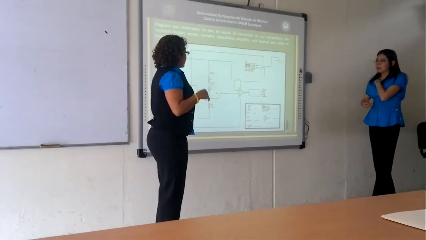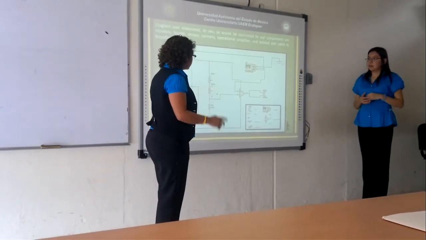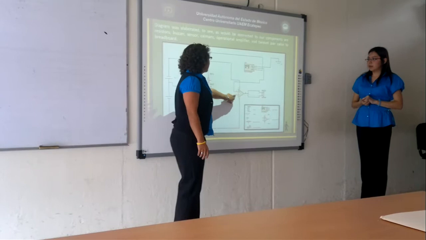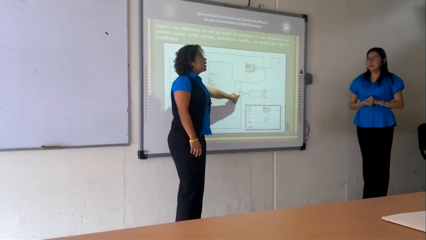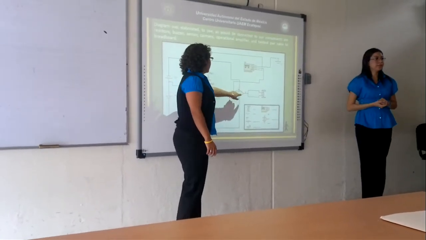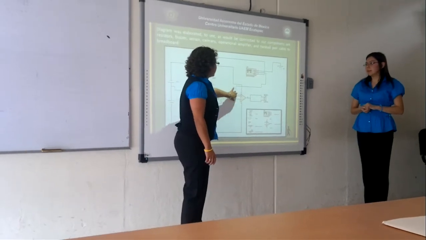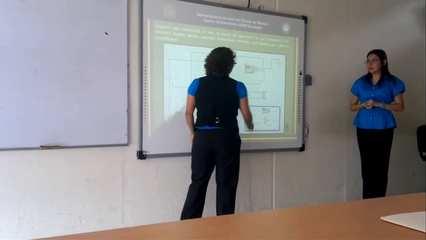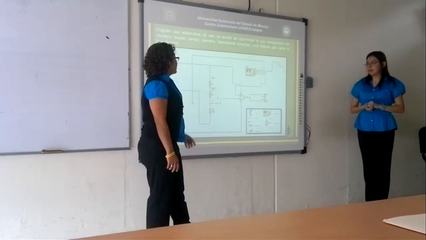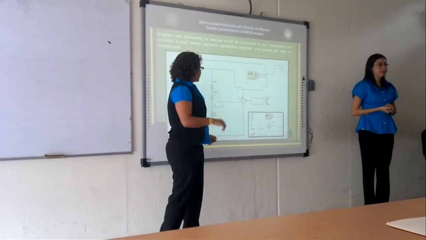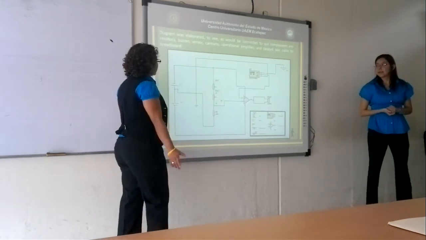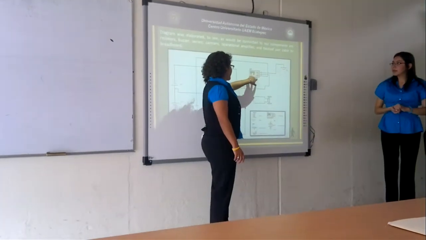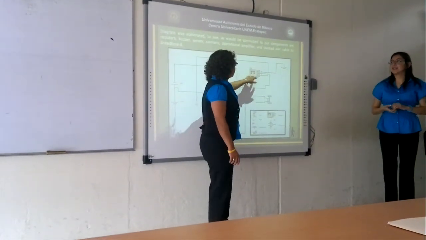Another component that we use is the operational amplifier. This is positive and negative. In front of the amplifier is the mini buzzer, which is positive and negative. Well, the sensor is in front. This is an infrared sensor.